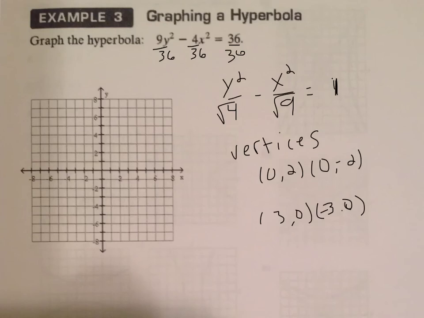So let's plot those points. 0, 2, and up 2 and down 2 from the origin. 0, negative 2. And then 3, 0, and negative 3, 0 are to the right 3 and left 3 from the origin. I'm going to draw in the dotted box. And then our diagonals we'll draw in going through the corners and the origin.